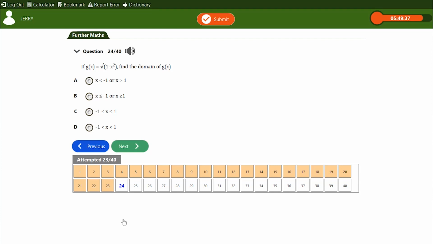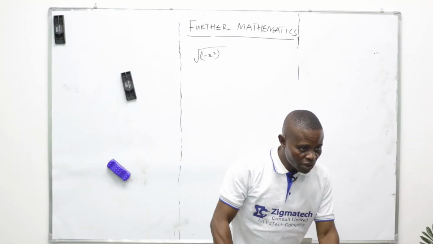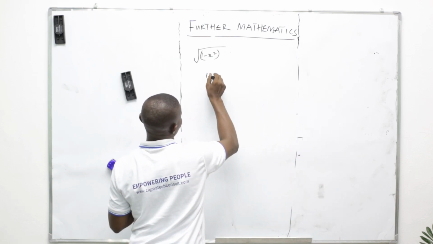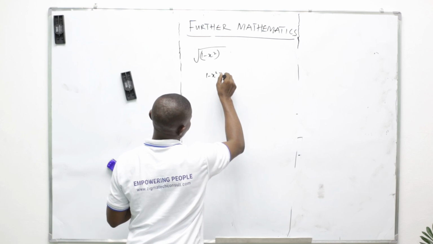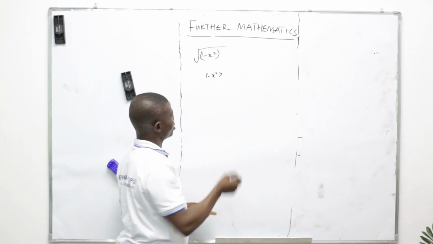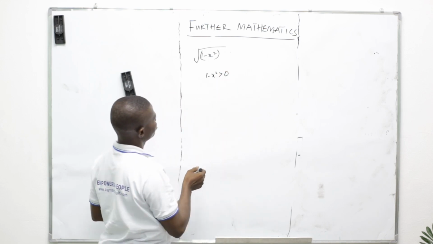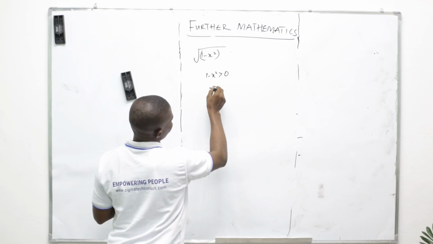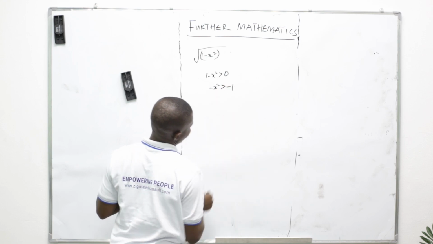If g of x is root 1 minus x squared, find the domain of g of x. Okay, domain of g of x. If you say that this is greater than or equal to 0, that is, minus x squared will be greater than minus 1.